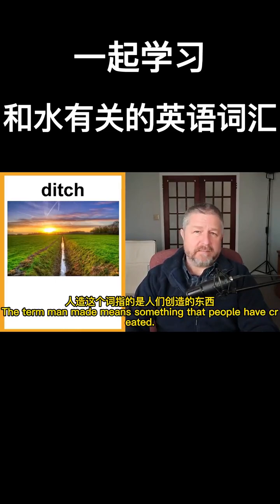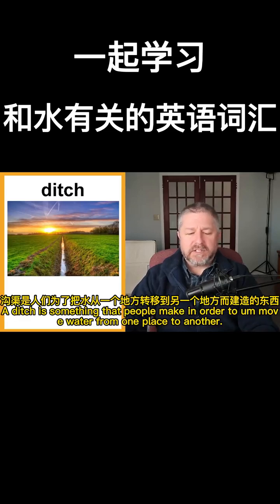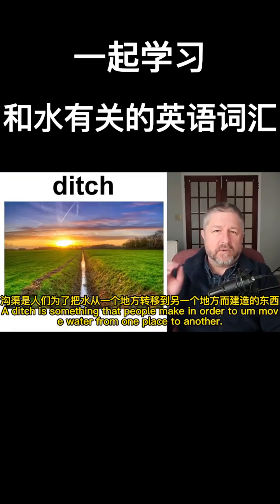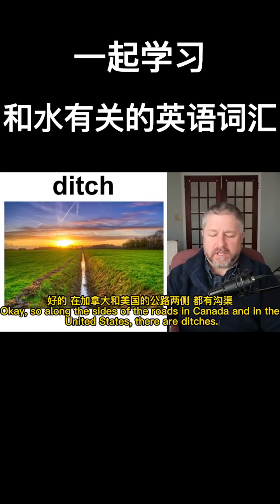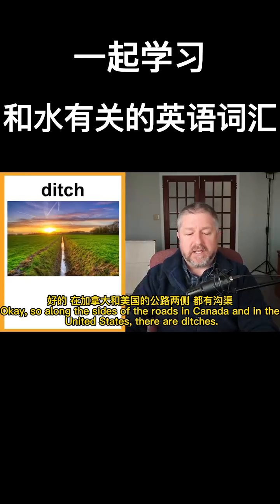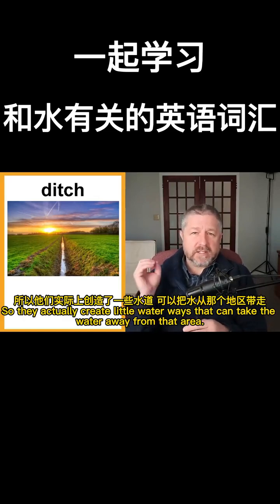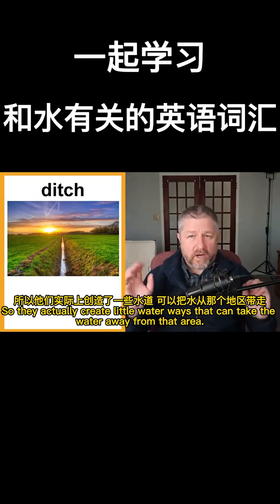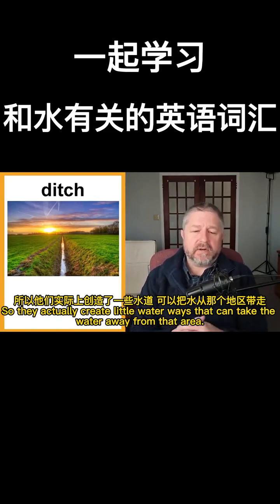A ditch is something that is man-made. The term man-made means something that people have created. A ditch is something that people make in order to move water from one place to another. Okay. So along the sides of the roads in Canada and in the United States, there are ditches. So they actually create little waterways that can take the water away from that area.